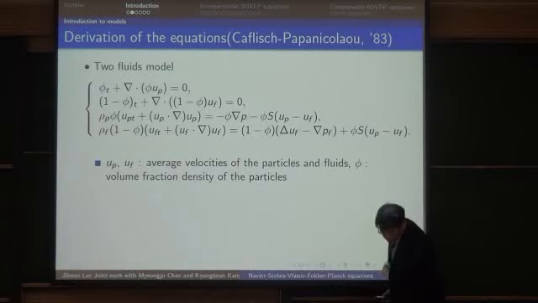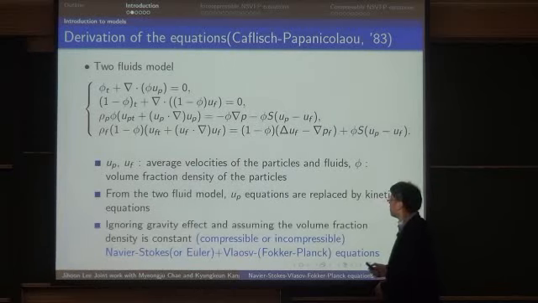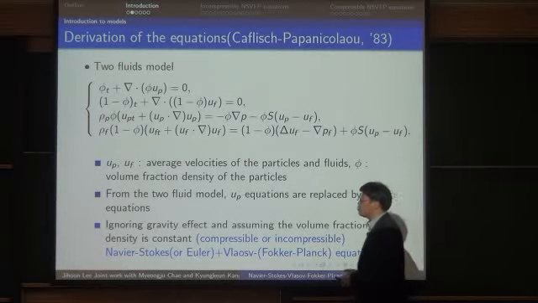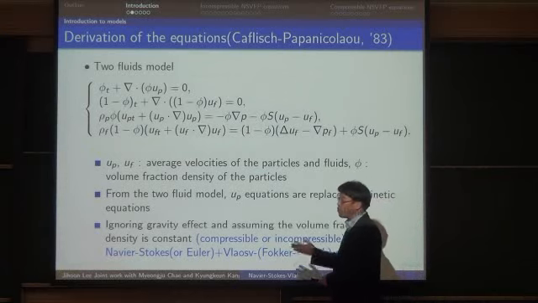Then Caflisch and Papanicolaou considered that the equation for U sub P can be replaced by kinetic equations, for example Vlasov equations or Vlasov-Fokker-Planck equations.